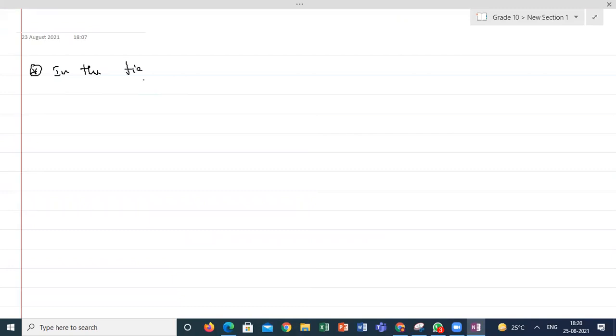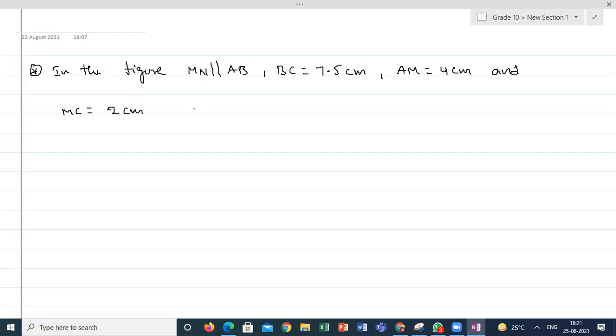In the figure, MN is parallel to AB. BC is equal to 7.5 centimeter. AM is equal to 4 centimeter. And MC will be equal to 2 centimeter. Find the length of BN.